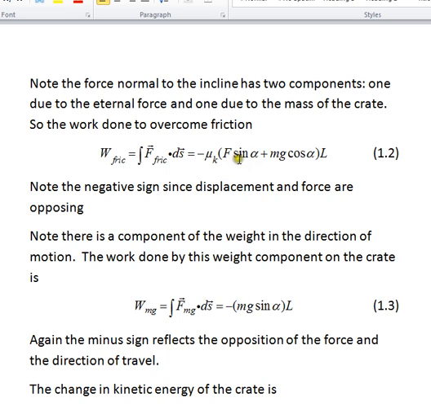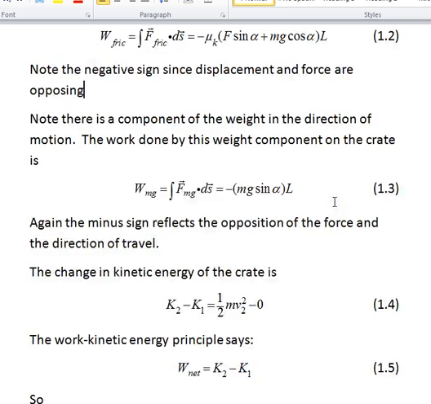And so both of those contribute to the normal force, and that in turn contributes to the frictional force, because the frictional force is mu times normal, so it's mu times F sine alpha plus mg cosine alpha times the length L. And again, this is negative since it opposes the direction of travel.